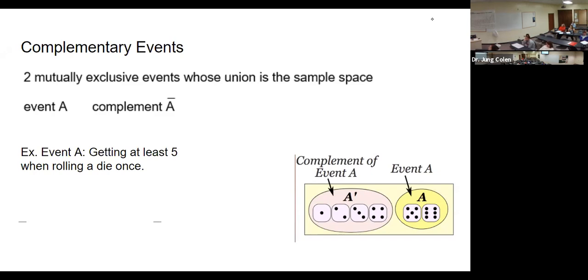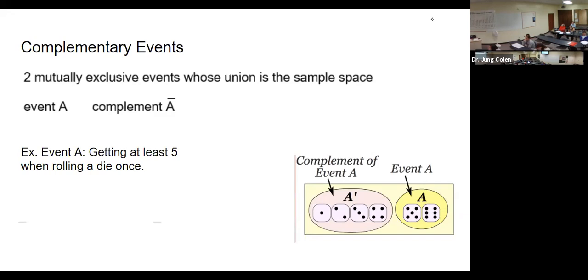And think about the complementary part. When you roll a die, you can have either 1, 2, 3, 4, 5, or 6. Our event A is 5 or 6, so the complement should be 1, 2, 3, 4. Then you can think about the sample space, which is 1, 2, 3, 4, 5, and 6. If you take away event A, the rest should be the complementary part.